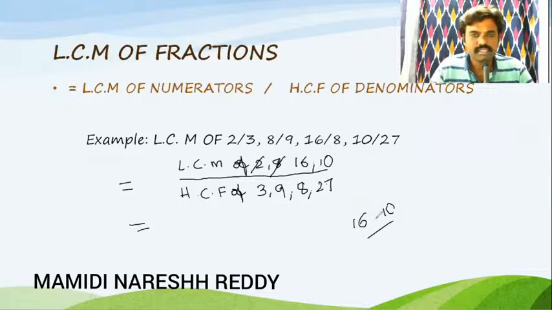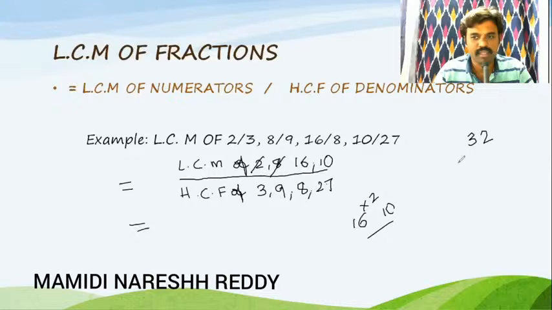In this case, what do we do? The largest number should be multiplied with numbers from the least natural numbers, meaning we need to take from 2. I'm multiplying 16 with 2, and 16 twos are 32. But 32 is not a multiple of 10, so I'm not taking it.